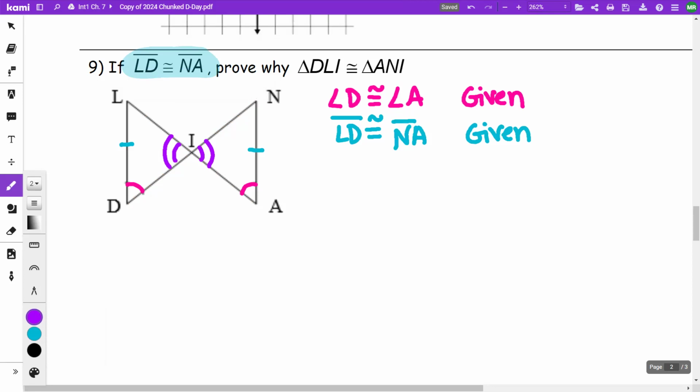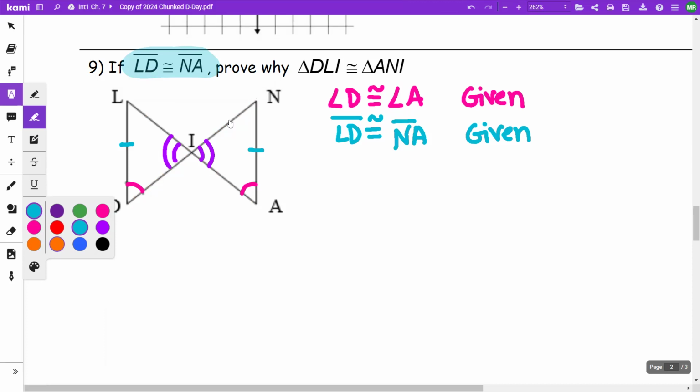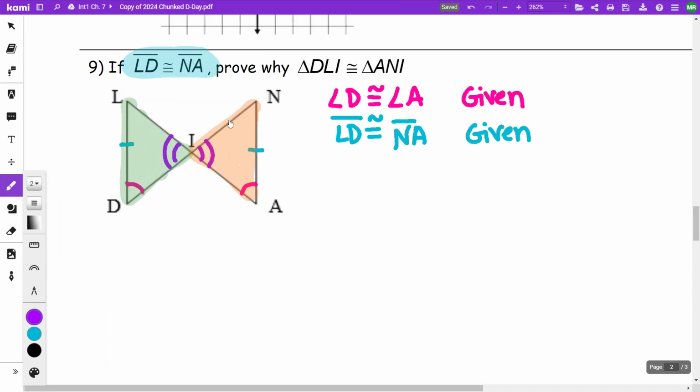Now, the one in this triangle, let's say I color this triangle green, the green triangle versus the orange triangle. If I'm talking about that angle I in the green triangle, I cannot call it angle I because there's too many angles at I. So I'm going to call it angle LID.